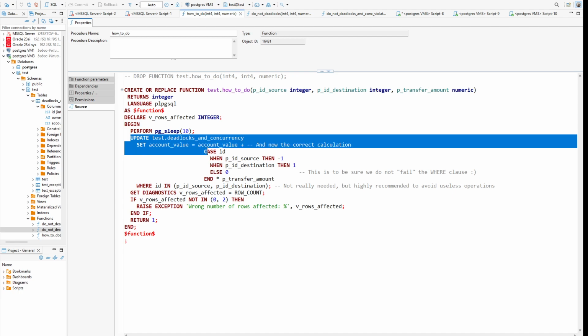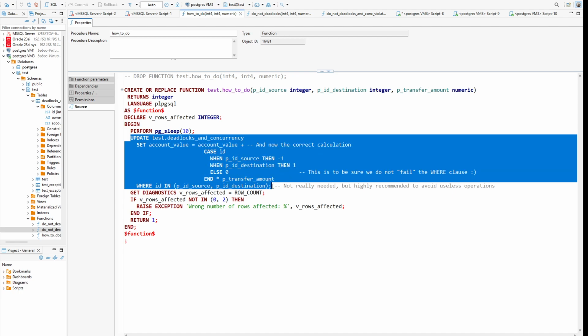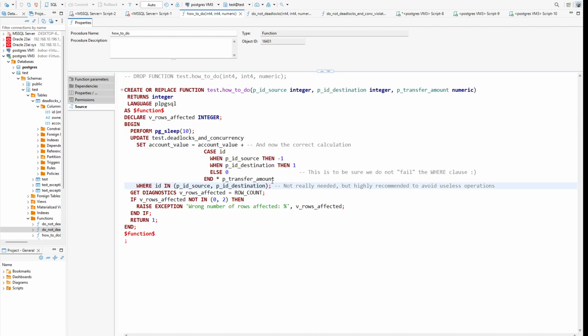We update both accounts in the same transaction, and we update these accounts doing a single operation in a single statement.